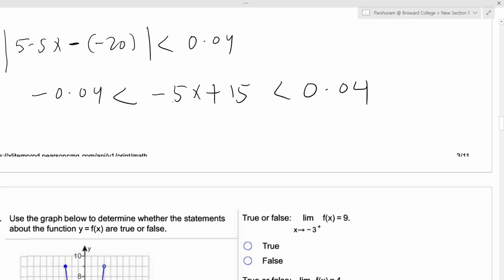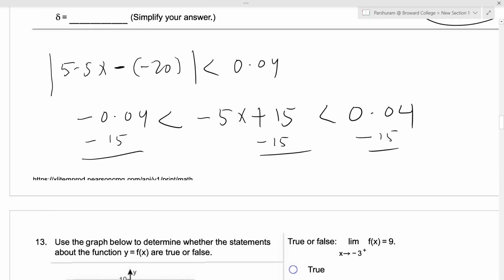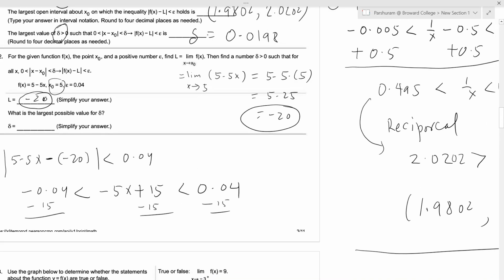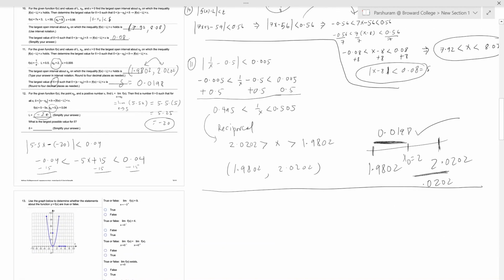So just try to simplify this, and let's do that here. If you want to get rid of this 15, you can just subtract 15. I'm going to use space on the right side here. So this is problem 12.